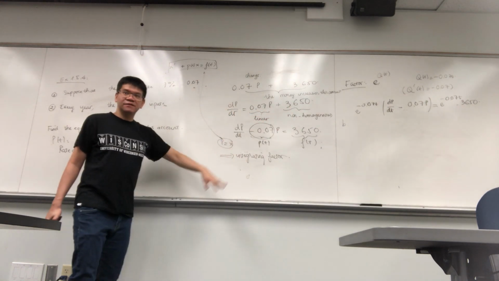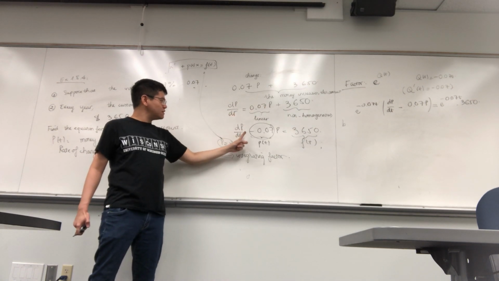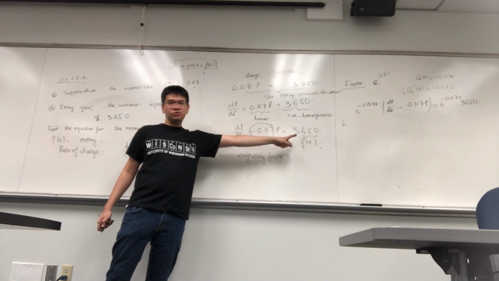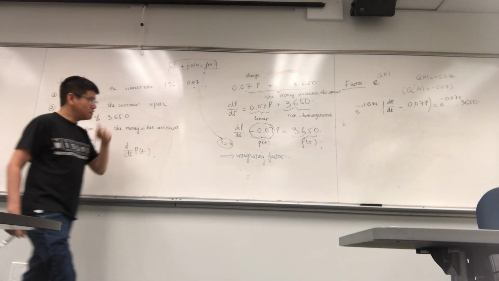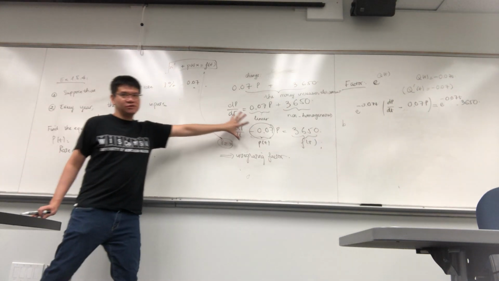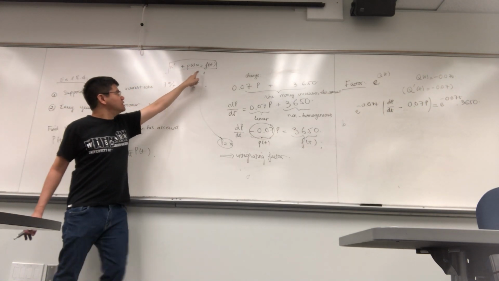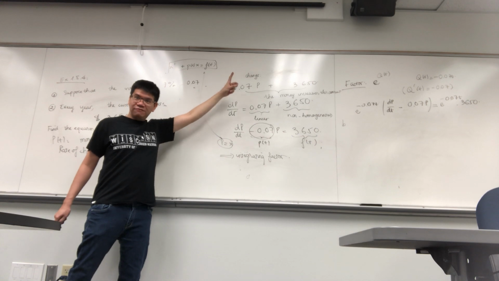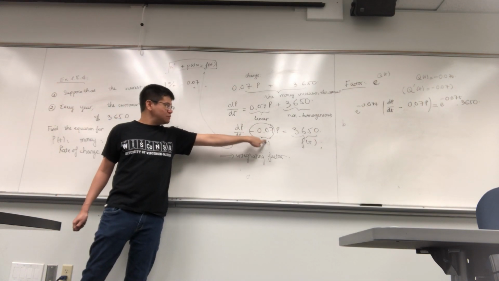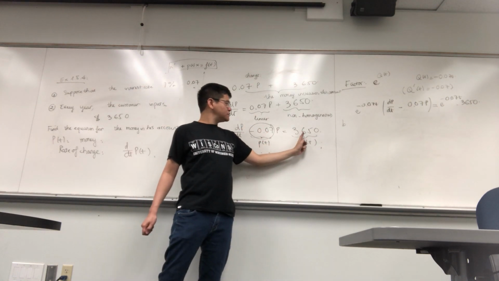If you put this to the left hand side, you have dP/dt minus 0.07P equal to 3650. This is basically the equation that we considered at the beginning of the lecture, x prime plus p(t)x is equal to f. In this case, x will be P, p(t) will be minus 0.07, and f will be 3650.